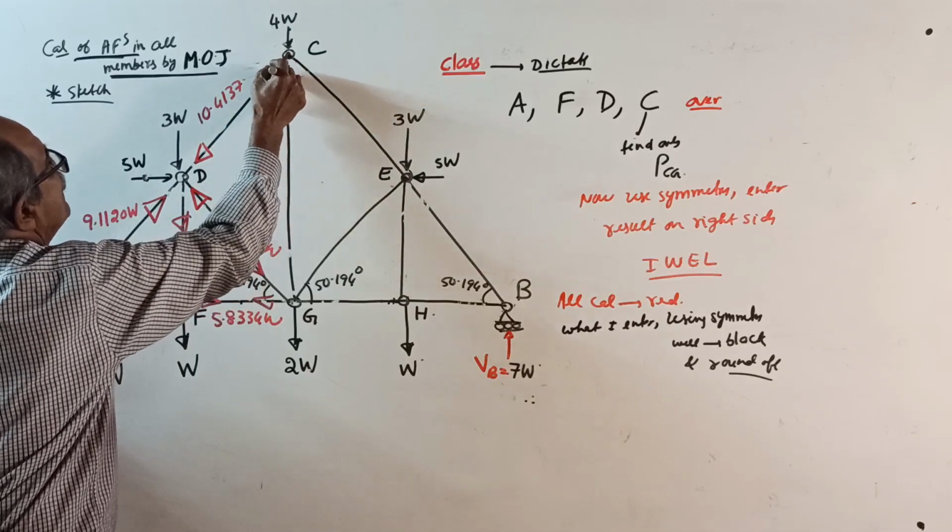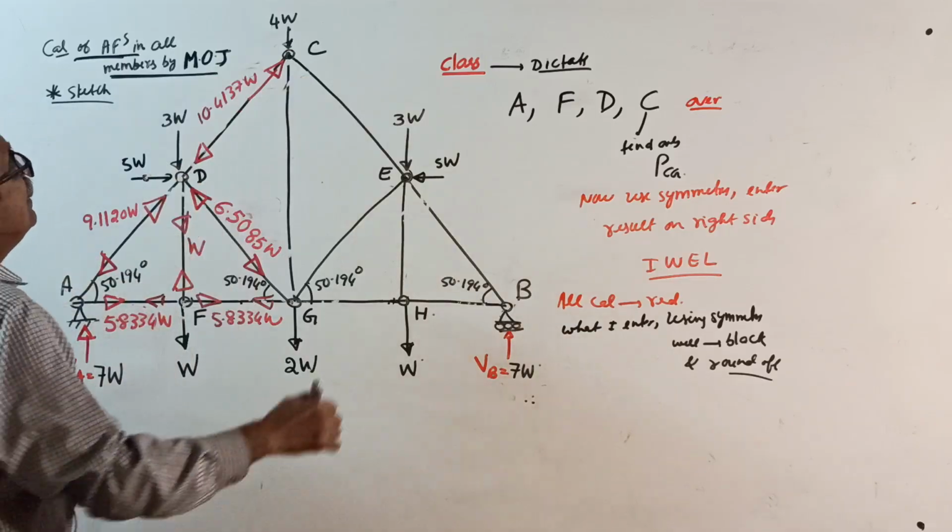I want to write W there. Okay, now come to joint C.